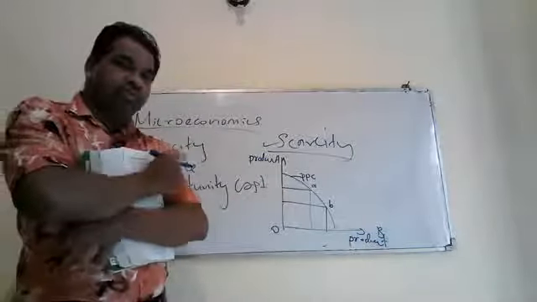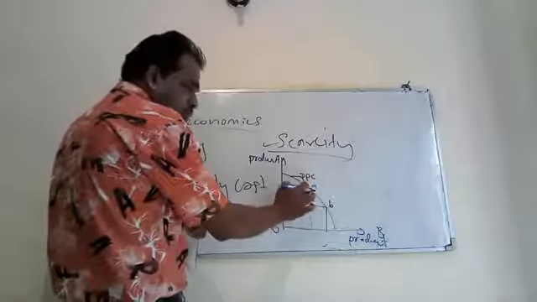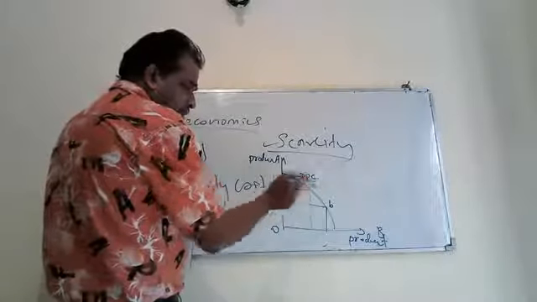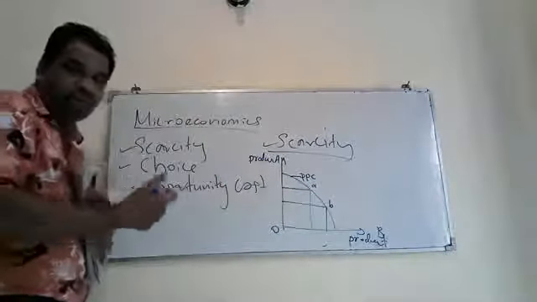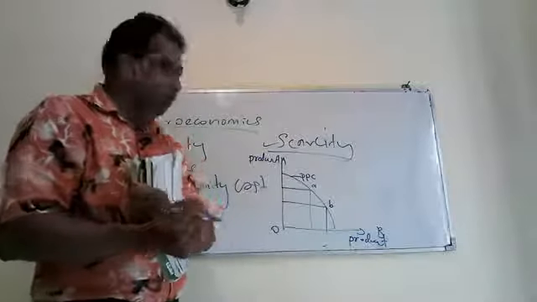You have no sufficient resources. If you select point A, you have to sacrifice point B or combination B. That is because of choice. Choice is selecting the best option.